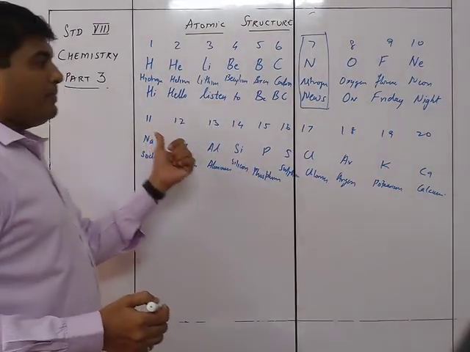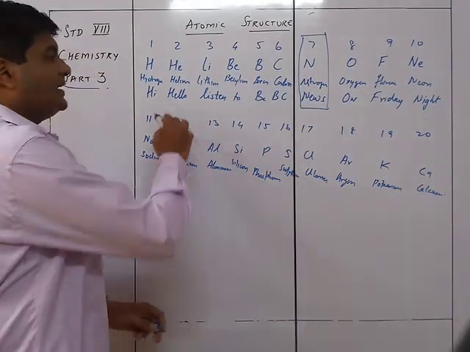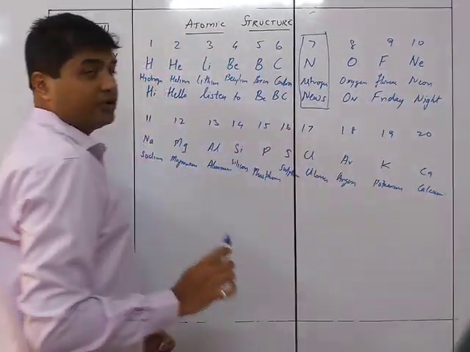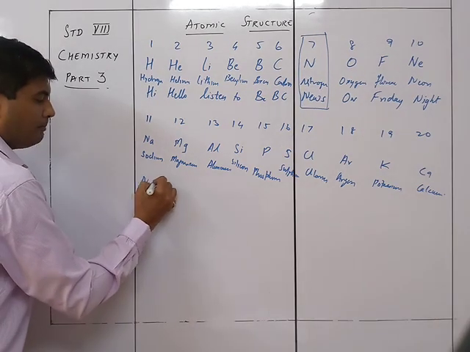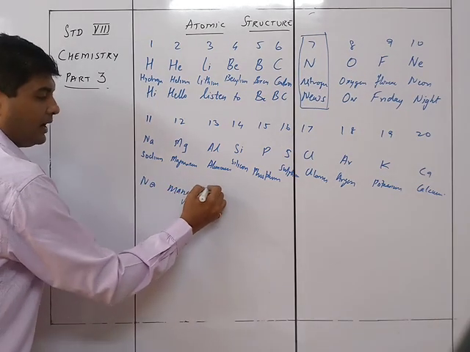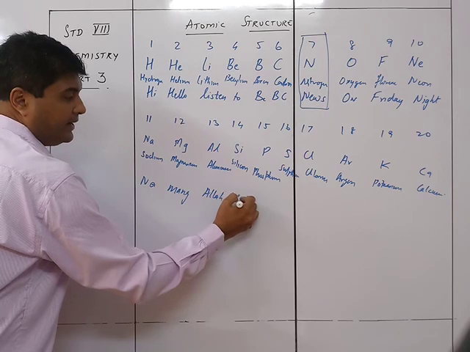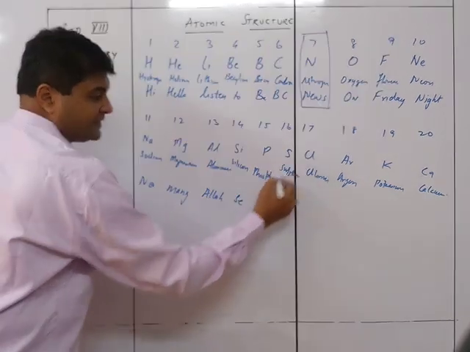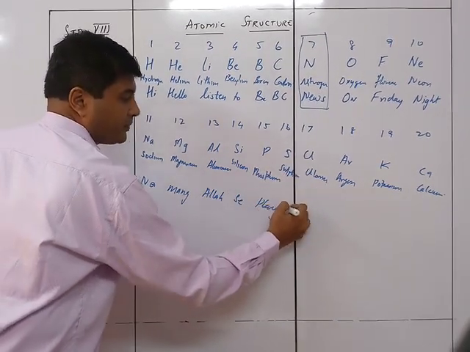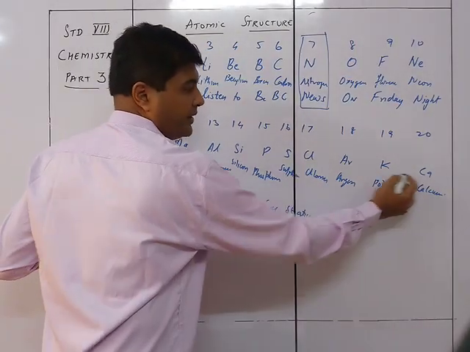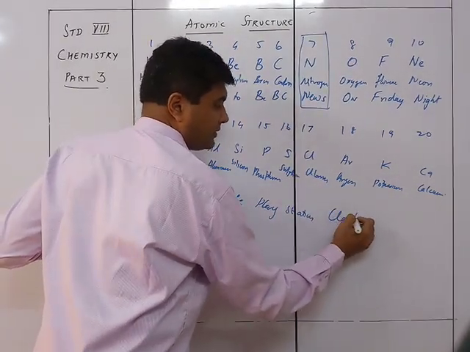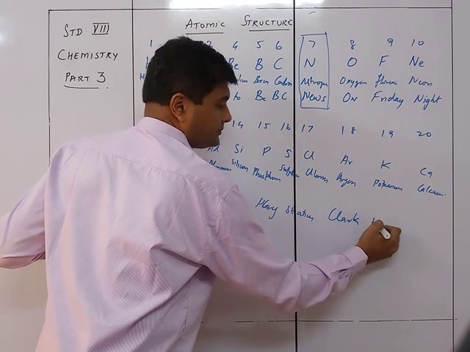For remembering this, the first part is: hi hello listen to BBC on Friday night. The second part is: na mang Allah se, PS is PlayStation. This is one word, Clark ka.